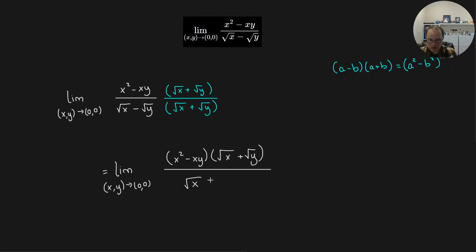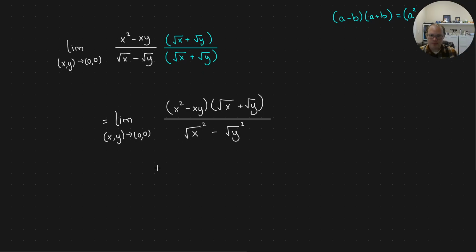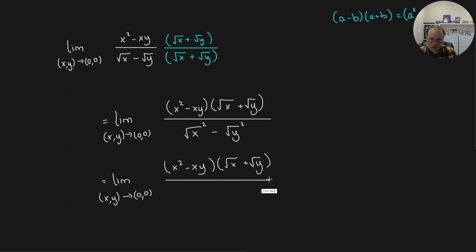So I'll get the first term squared minus the second term squared. And so I get x squared minus y squared in my denominator.